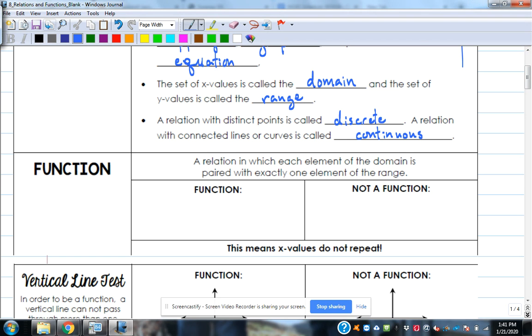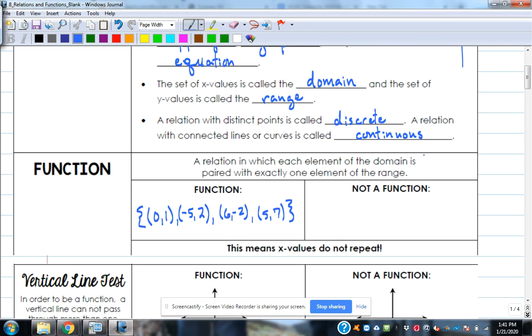So an example of a function might be this set of ordered pairs. That's a good set of ordered pairs. In that set of ordered pairs, notice that no x value is repeated.